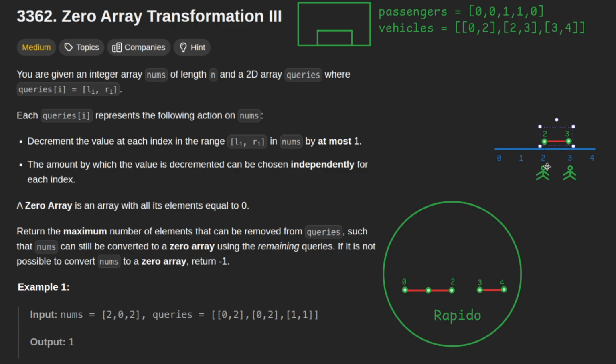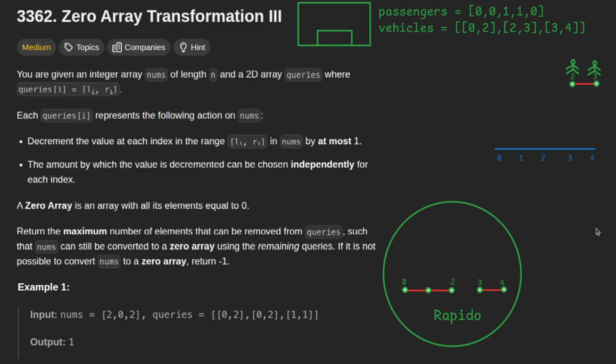So it goes here, and they leave for their homes, and we need to return that there are 2 active bikes left at Rapido. So Rapido has done its cost cutting efficiently, right? This is the business scenario that this question represents. I hope that you got to know about it.